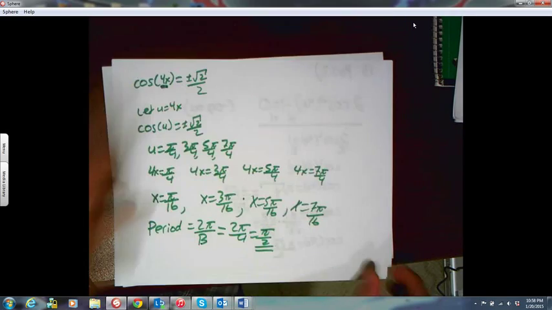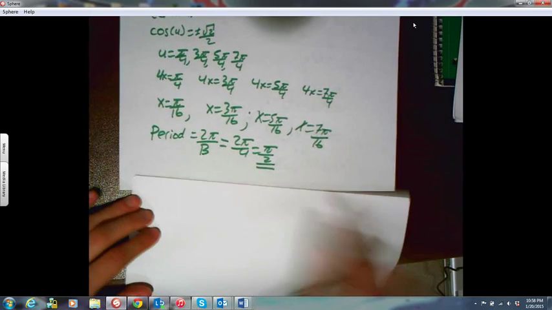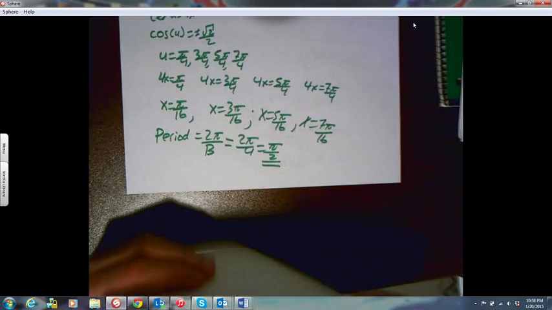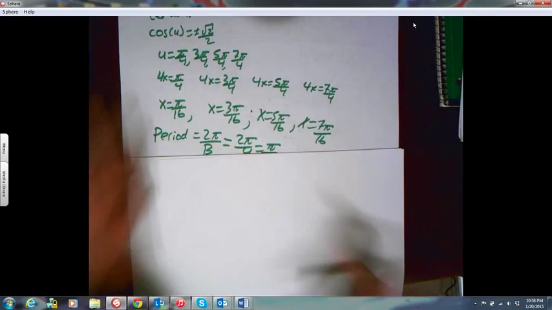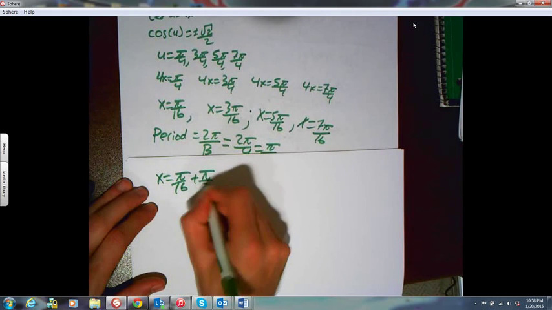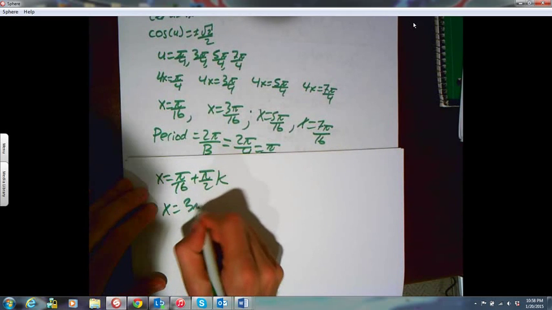Well, the final answer is, remember, the period is pi over 2. So we have, excuse me, back this up a little bit. We have x equals pi over 16 plus not 2 pi, but pi over 2k. We have x equals 3 pi over 16 plus pi over 2k.